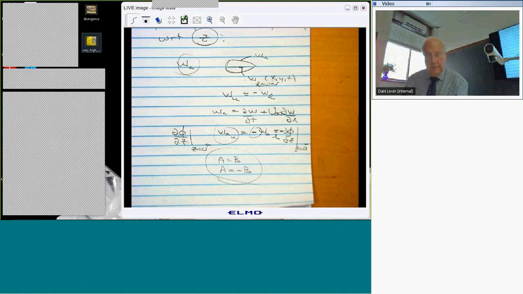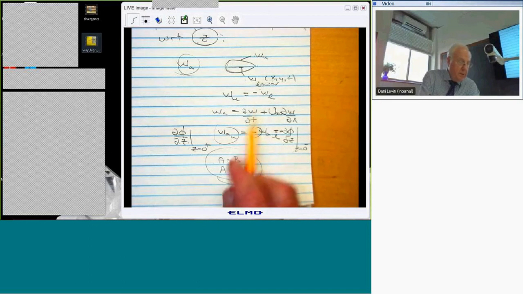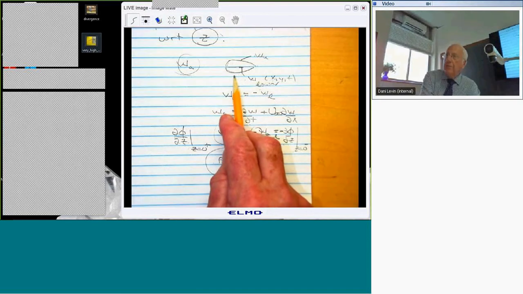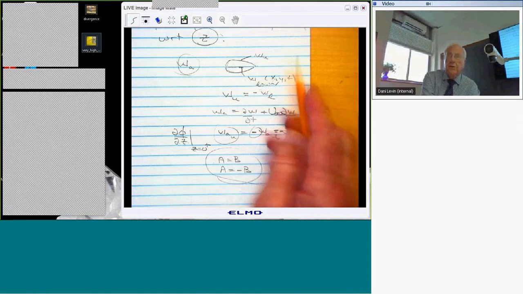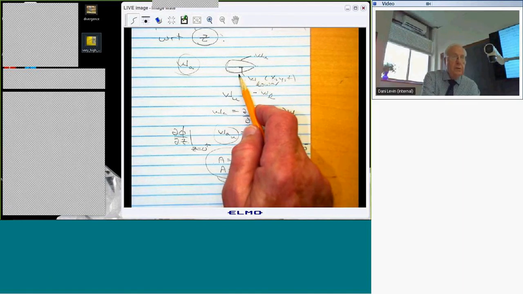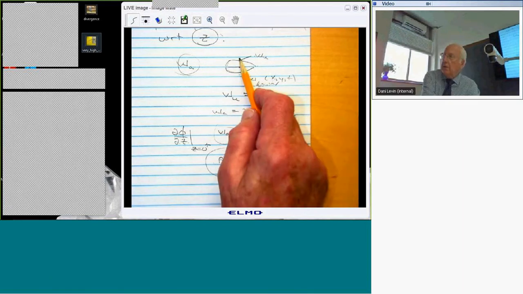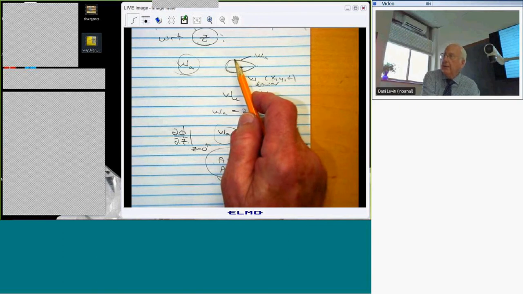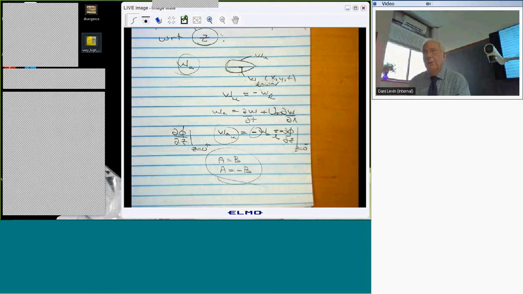There's only one little problem. For this case, the pressure is clear from symmetry, and you can show it mathematically. The pressure on this surface is equal to the pressure on that surface, so there's no net pressure.